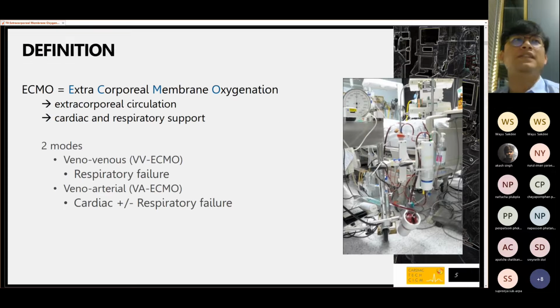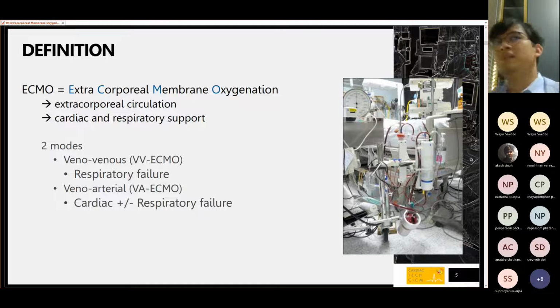For the introduction, what is ECMO? ECMO comes from two terms: extracorporeal membrane oxygenation. Firstly, extracorporeal, as you know, is something outside the body.